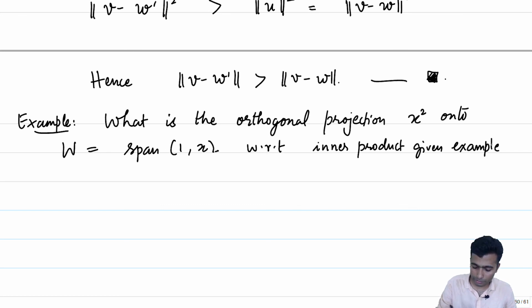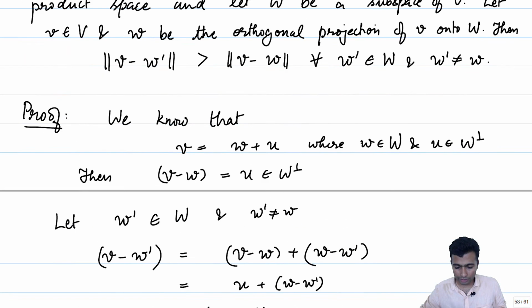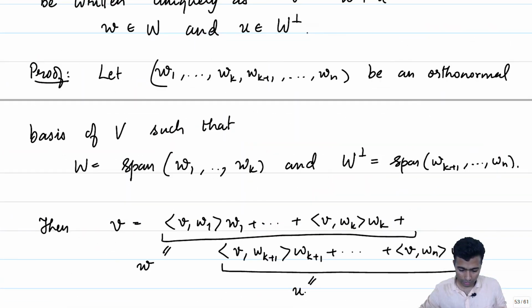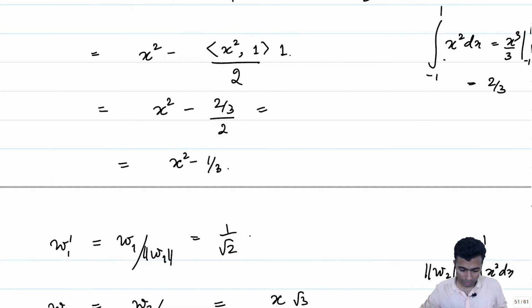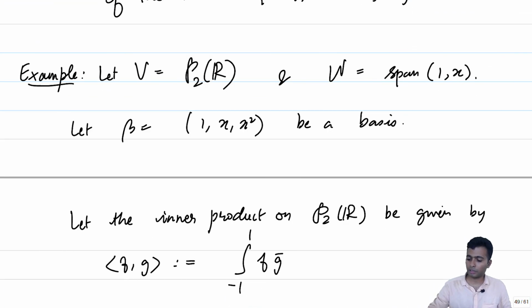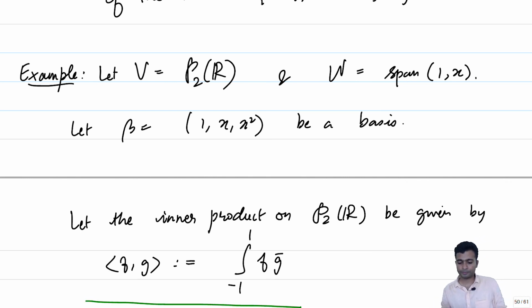I don't remember the number, so let me just write example above and I will take you back to the example to show you exactly what we had done. So yes, this is the example. If you notice, we did the same. Span of 1 comma x, I am underlining in green the inner product, and we now know exactly what to do.